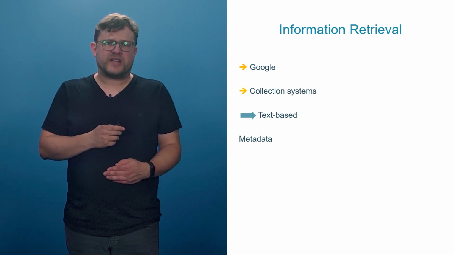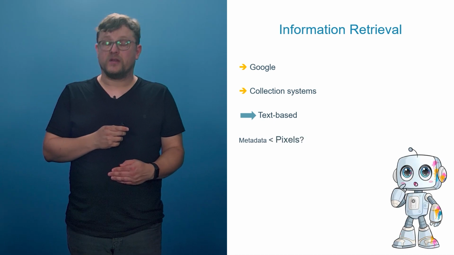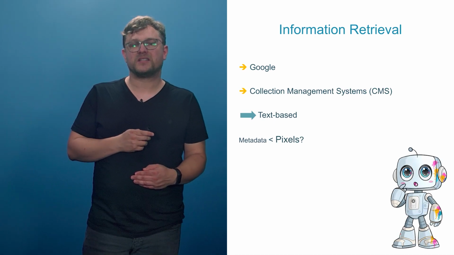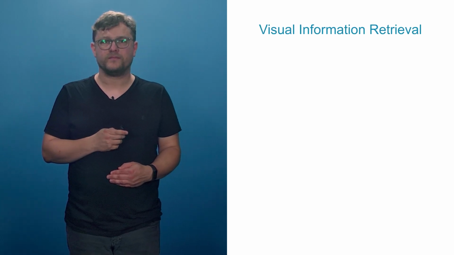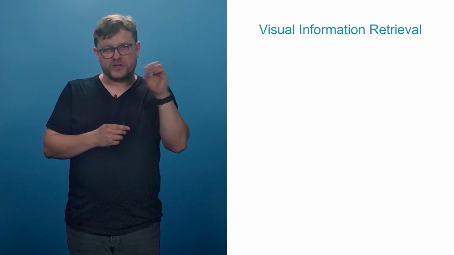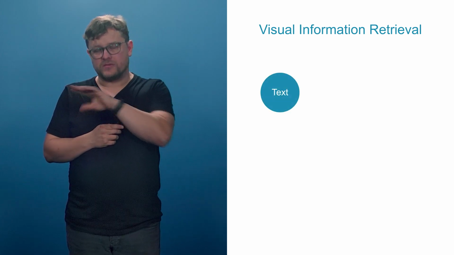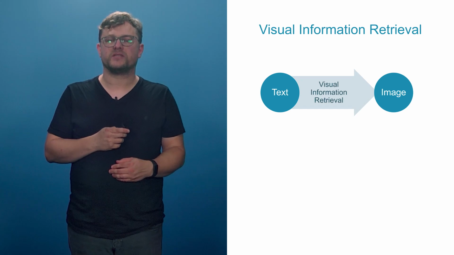But can we have a system without metadata, with only images, with only pixels? And I would say yes, that system is a visual information retrieval system. Let's try to imitate Google. We take a piece of text and we want to use it to query images, a visual information retrieval system.